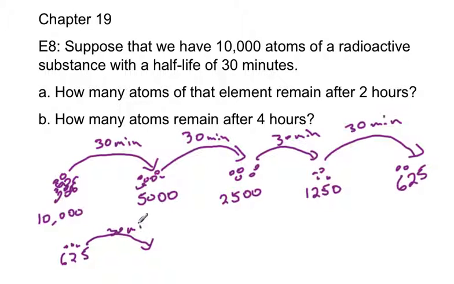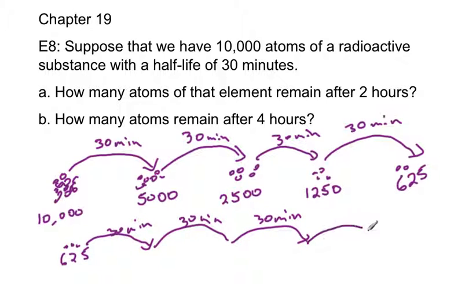So divide by 2, divide by 2 again, and then divide by 2 again, and then divide by 2 again. And that would be how many atoms you'd have left over. Go ahead and keep it as a fraction if it ends up being a fraction. I'll let you do the math. Take 625, divide by half, divide by half, divide by half, divide by half, and that's your answer.